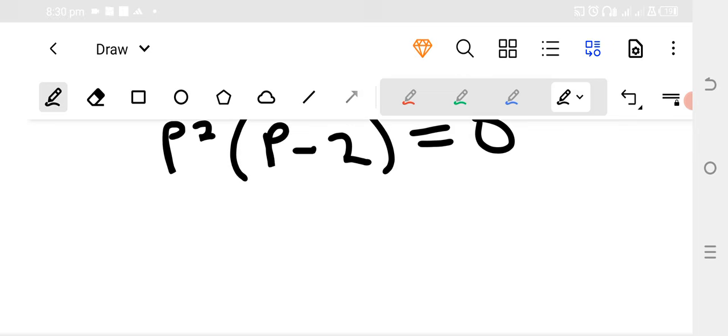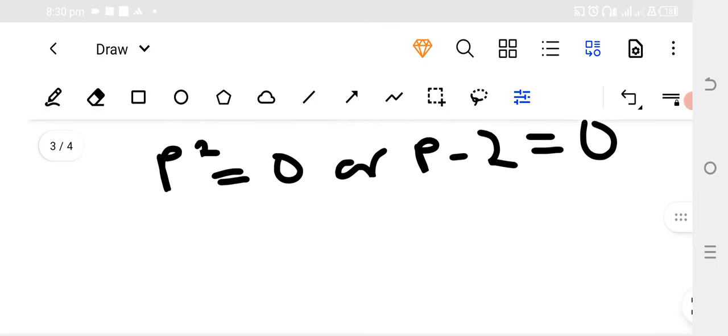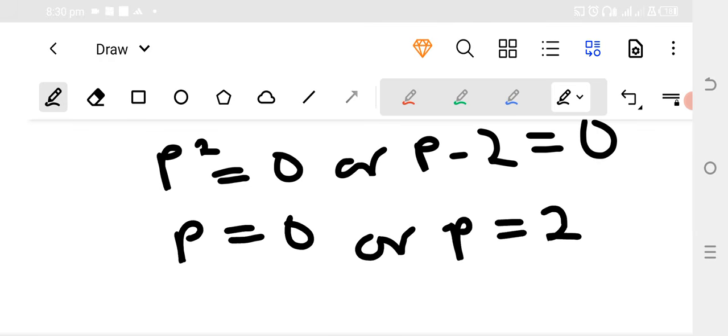We're going to have p squared is equal to 0, or p minus 2 is equal to 0. So p is equal to 0, or p is equal to 2.